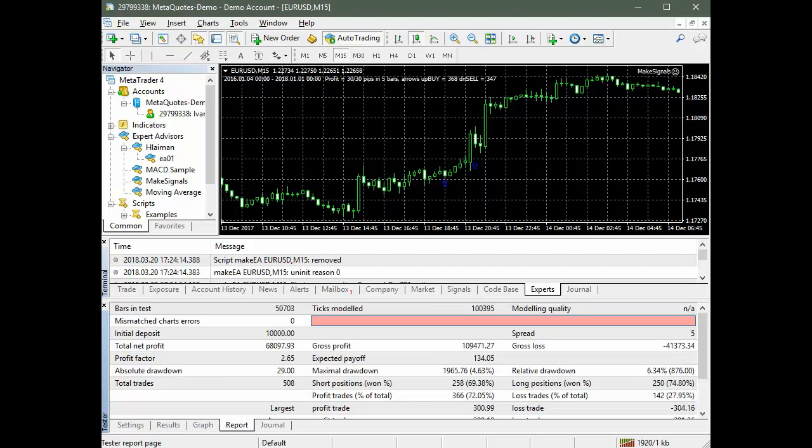On the Report tab, the information is presented as a summary report. As you can see, the percentage of profitable trades is about 70% of the total number of trades. This is the result of testing in the period in which PNet was trained.